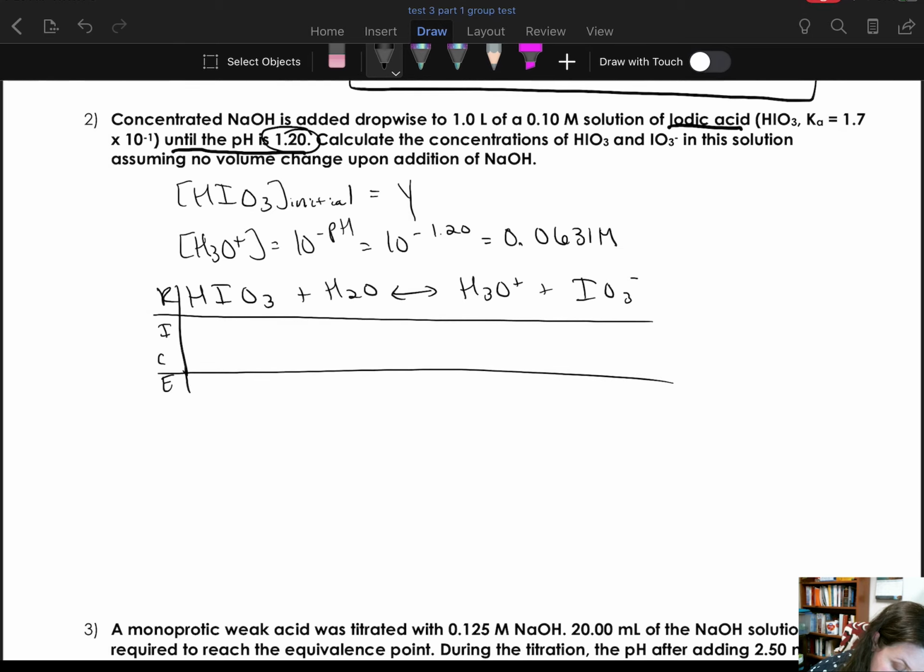We're starting out with some initial concentration of Y of our iodic acid. We don't start out with any of these. We do minus x, plus x, plus x. This gives us y minus x, x and x, where x is our hydronium concentration, so it is equal to 0.0631.